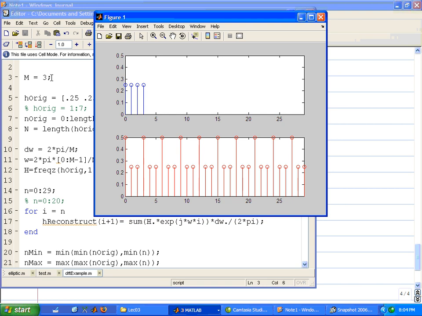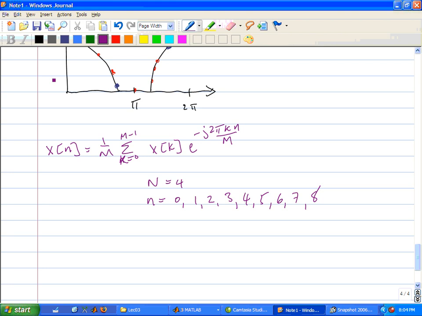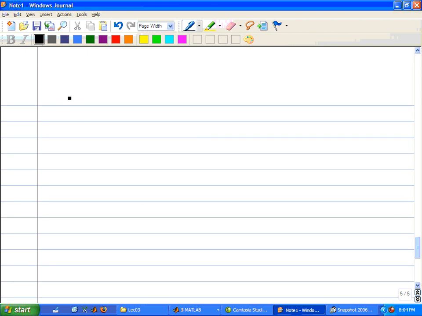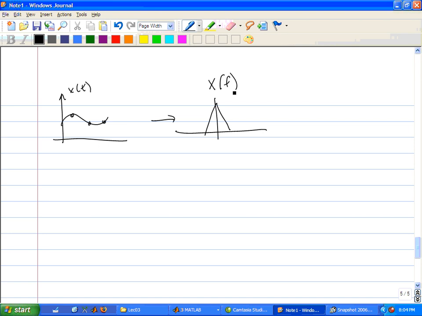Now, this shouldn't be surprising, because in traditional sampling theory, we know that if you've got a time signal, so let's say this is the signal in time, and now you transfer it to the frequency domain. So this is in analog now. So let's say this is the sampling frequency in analog. So analog signal, analog Fourier transform.